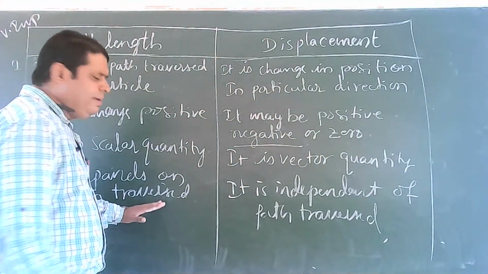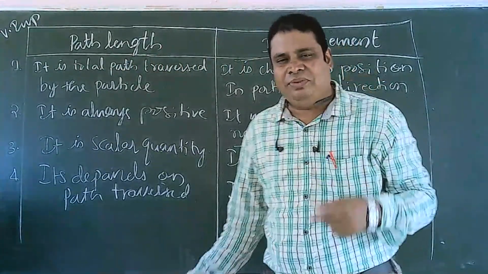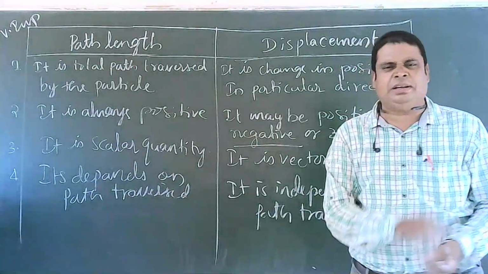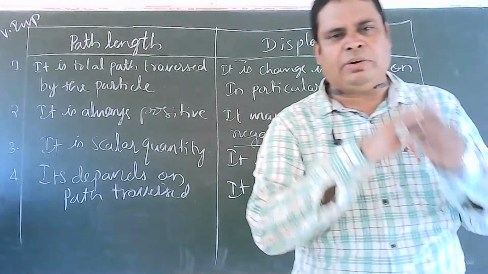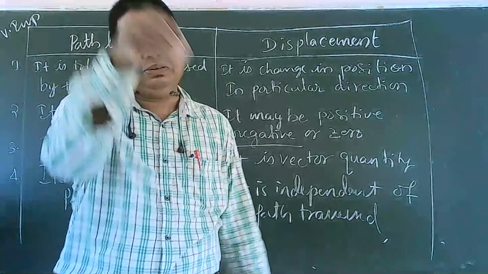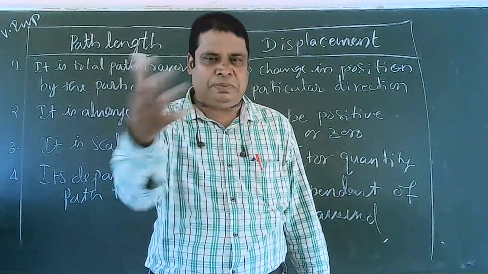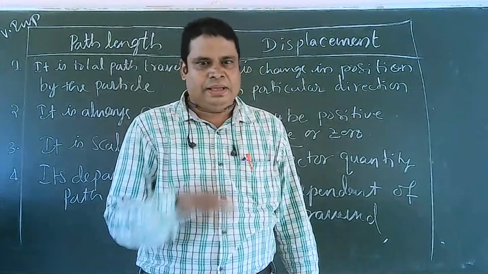Remember, your path length depends on the actual path traveled, whereas displacement is independent of whatever path traveled. It only depends on initial position and final position. Initial position means starting point, final position means ending point.